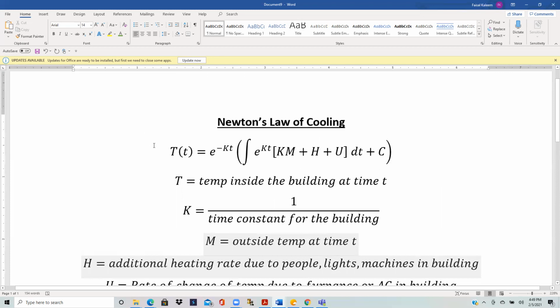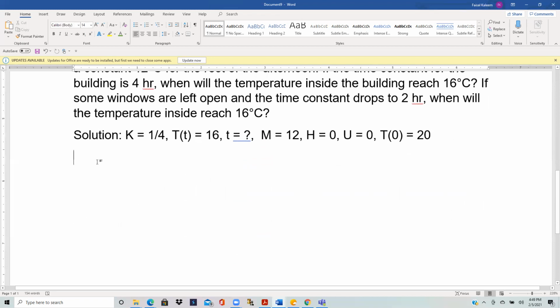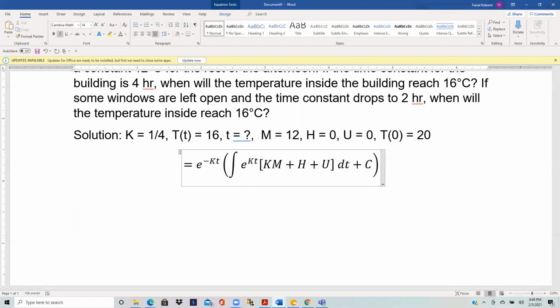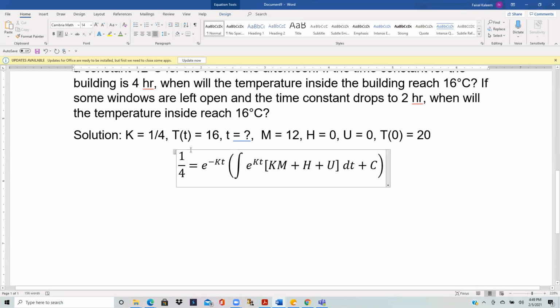So now let's rewrite and substitute all the values. All right, so T of T we know is 1/4. K is 1/4.